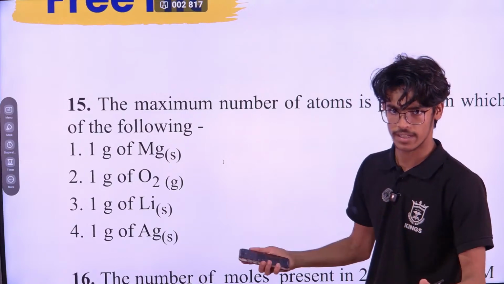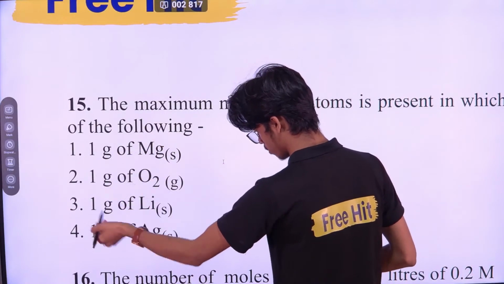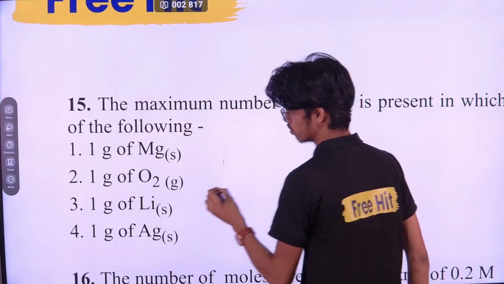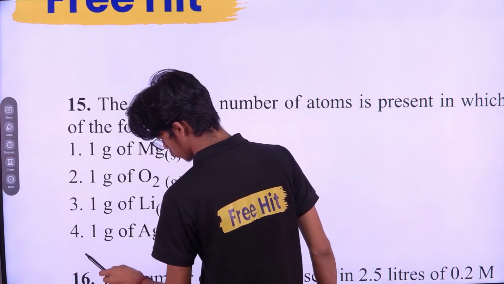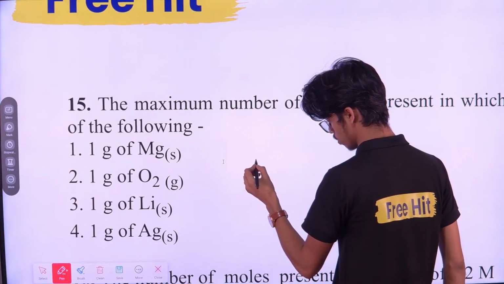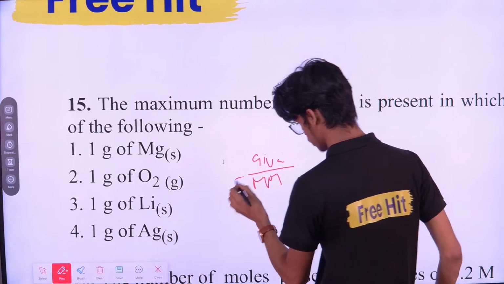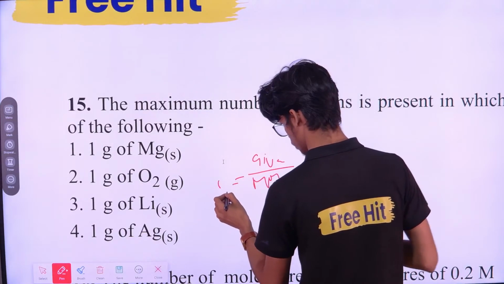More moles, more particles. Now see, 1 gram of Mg, 1 gram of oxygen, 1 gram of Li, 1 gram of Ag. What is the formula for moles? It's not a tough question. The formula for moles is given mass upon molar mass, right? That is the formula for moles.